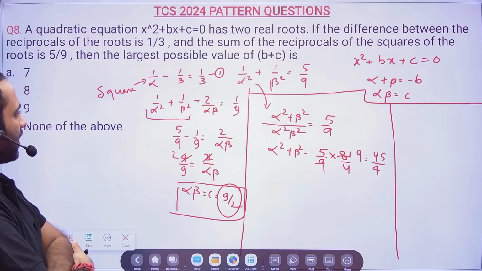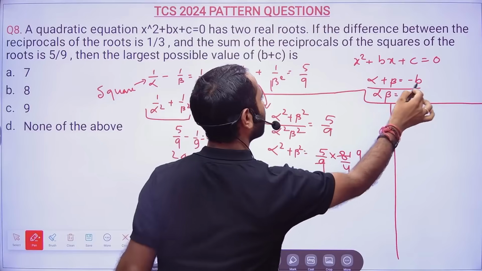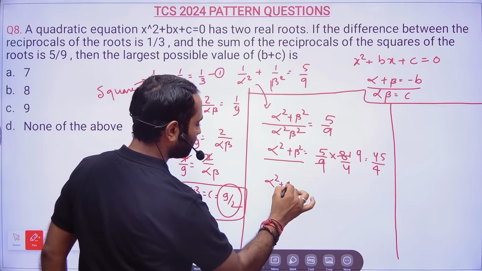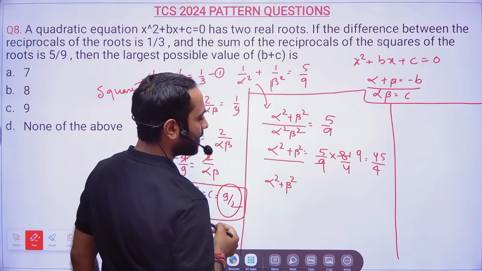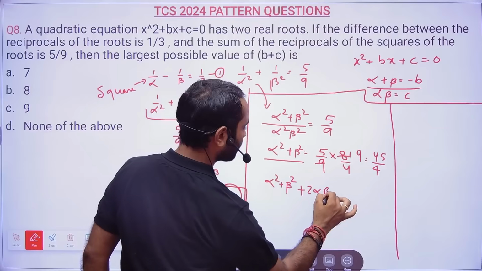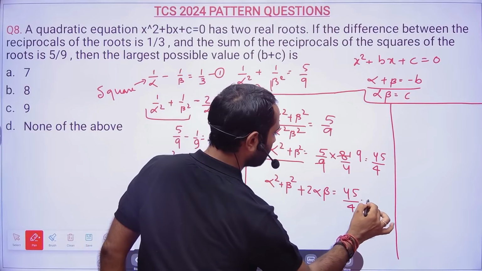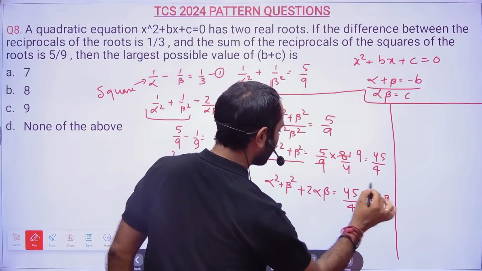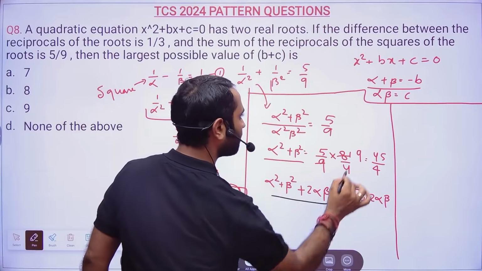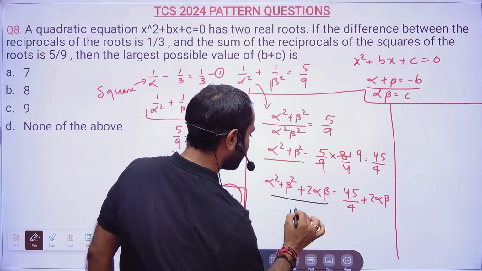Now basically alpha beta is given and alpha plus beta is given. So what I will do is write alpha square plus beta square plus 2 alpha beta, and on this side also 45 by 4 plus 2 alpha beta. So what will happen here basically is this will become alpha plus beta whole square. Alpha plus beta is nothing but minus b, so this will be b square.